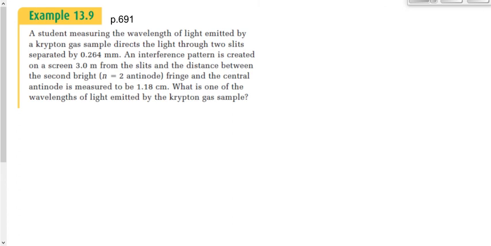13.9 on 691. It says a student measuring the wavelength of light emitted by krypton gas directs the light through two slits separated by 0.264 millimeters. An interference pattern is created on a screen 3 meters away. Here's the distance. What's one of the wavelengths of light emitted by krypton gas? What are they kind of telling me if we read between the lines there? What is one of the wavelengths?